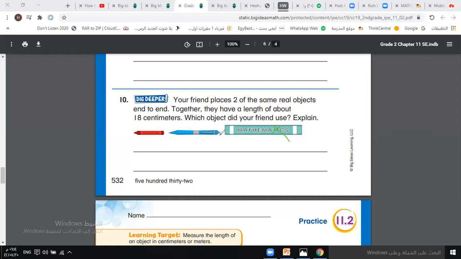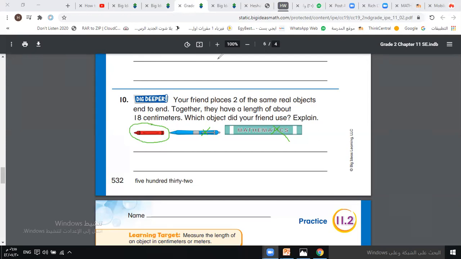It's a pen. Two pens. No, it can't be also. It's greater than 18. That's right. So the correct one is two crayons. If you get the length of two crayons, it may be 18 centimeters. Thank you, Muhammad Salim. Bye.